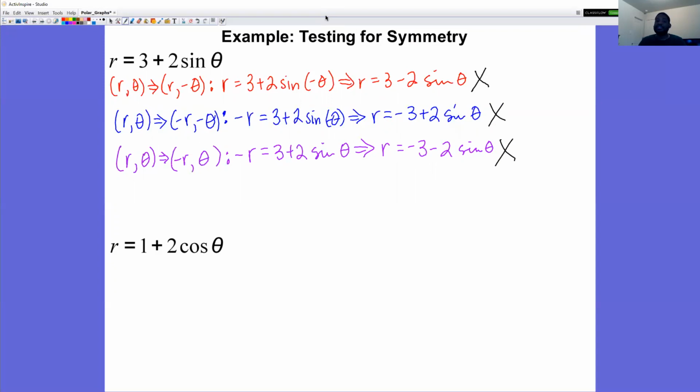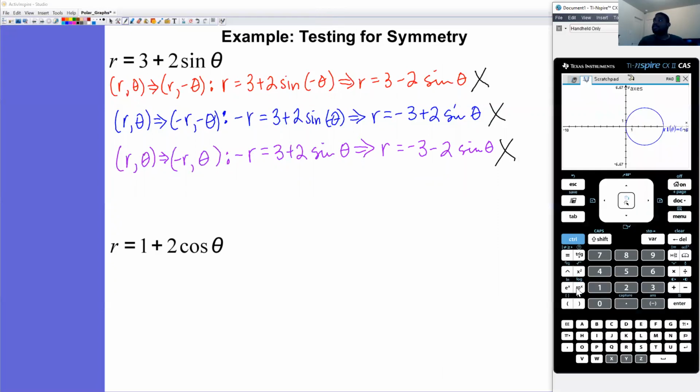But remember, I told you if it failed all three, then we need to go to our calculator and see what type of symmetry. So let's pull up our calculator and graph 3 plus 2 sine theta to see what type of symmetry it exhibits.